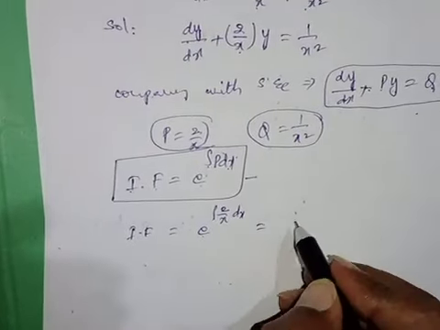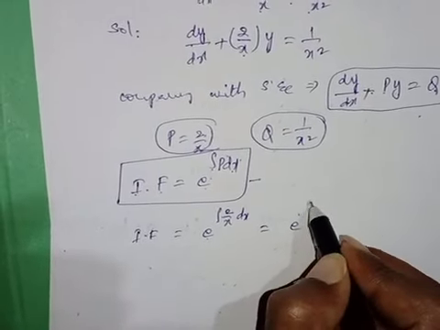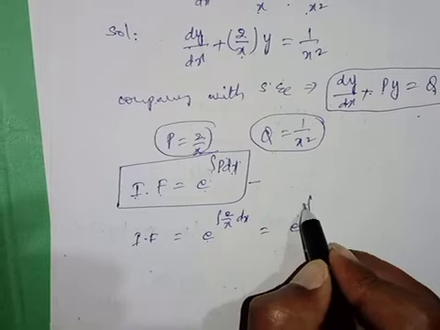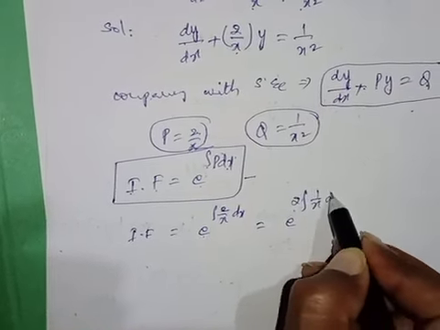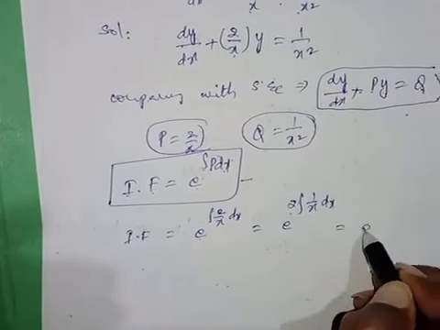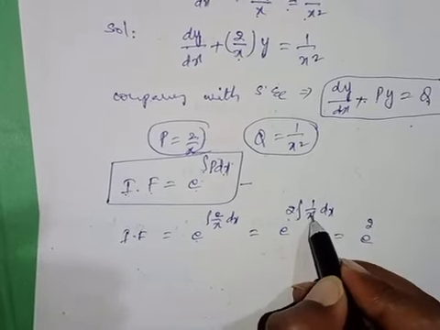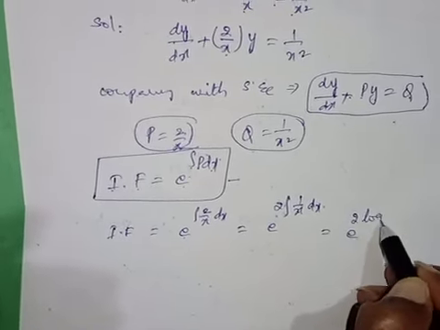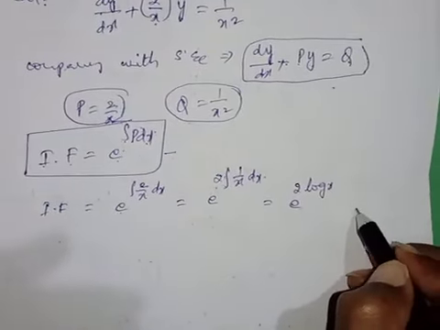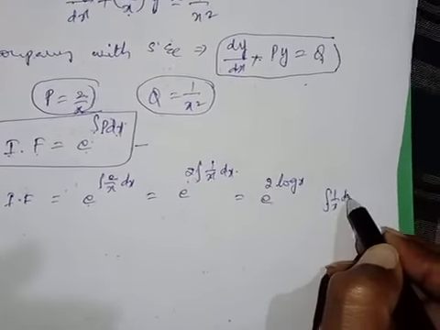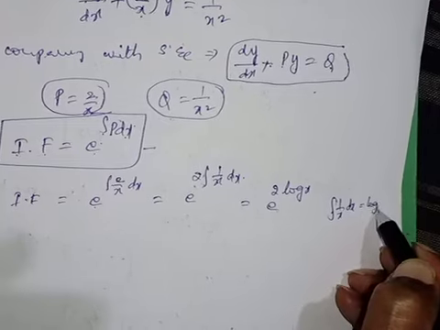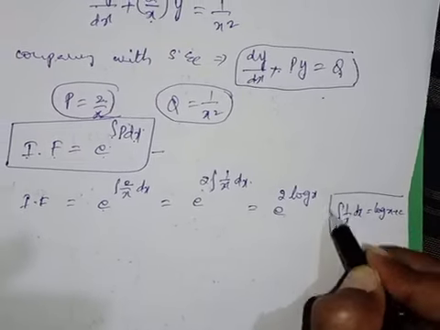That is equal to e to the power of integral, see here 2 is constant, take it outside, 1 by x dx, that is equal to e to the power of 2 into integral of 1 by x dx. We know that integral of 1 by x dx is equal to log x plus c.